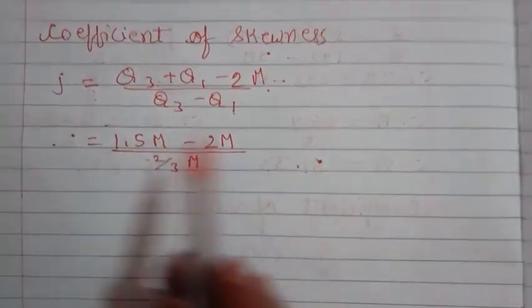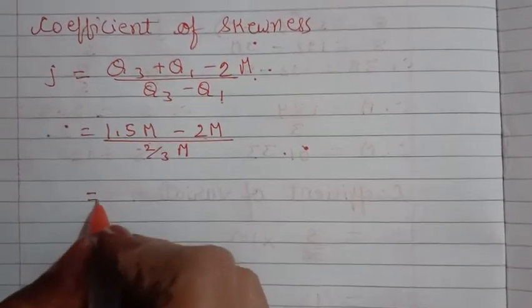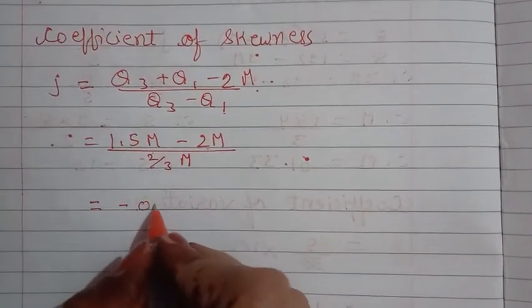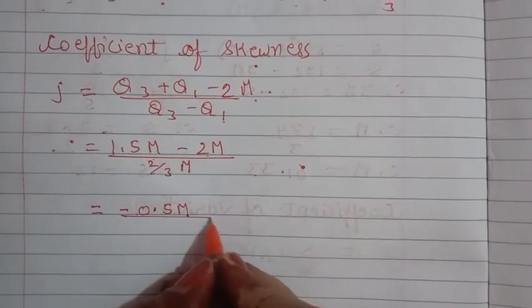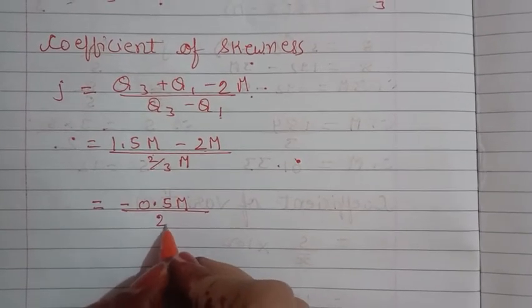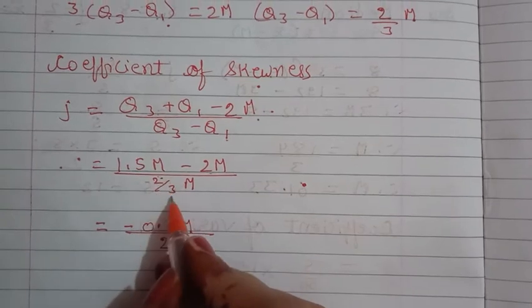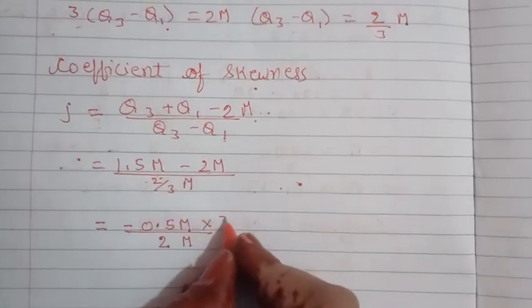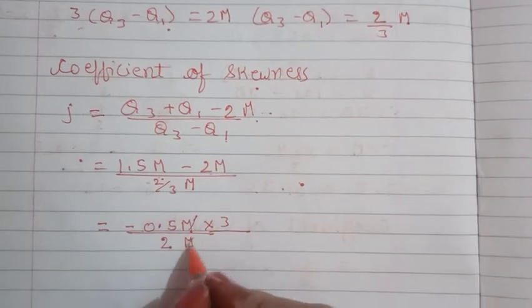Now J we have to find. 1.5 m minus 2 m. It is minus 0.5 m upon, now here 2 upon 3 m. Now the denominator will go in the numerator into 3. M will cancel over here.